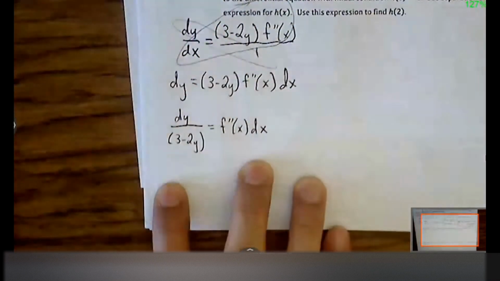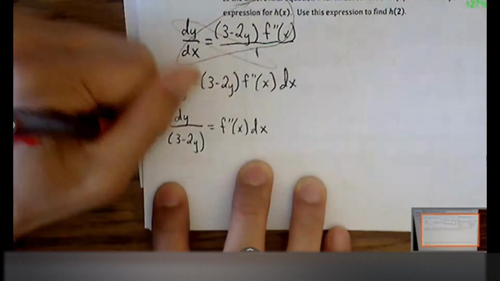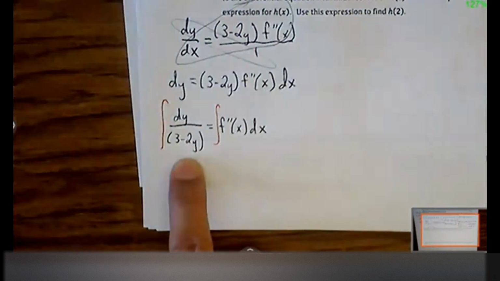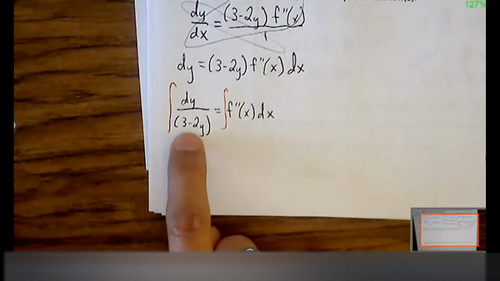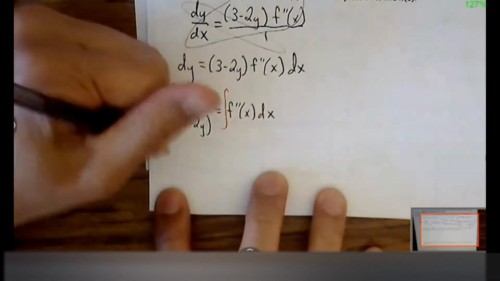Okay. Variables separated. Explore integral rules. Left side, I got to go through U-Substitution. Now I'm going to be expecting some coefficients I got to keep track of here.